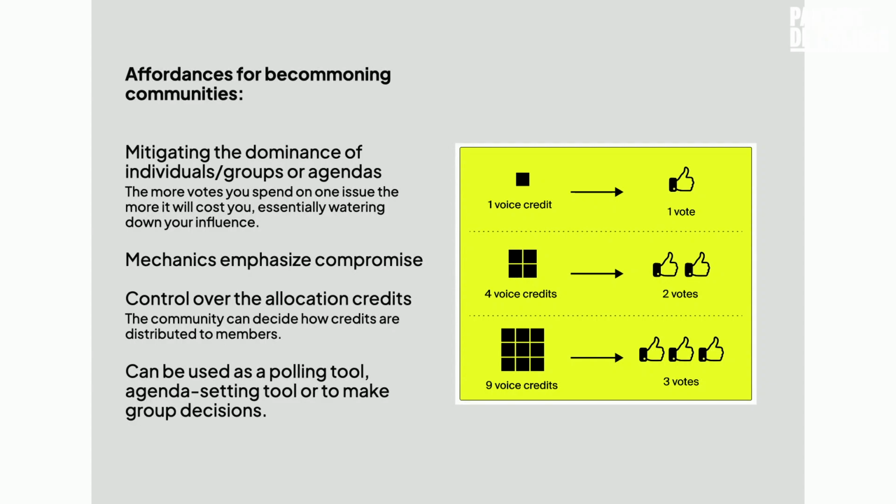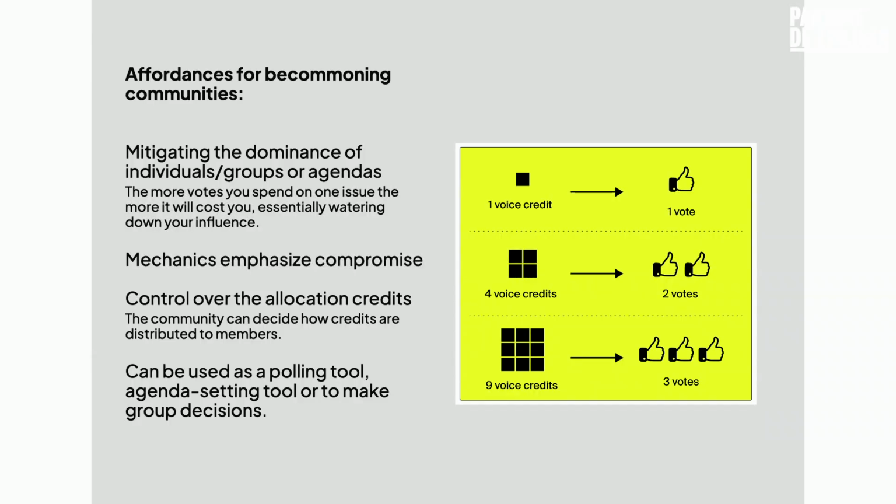That's built into the mechanics of the quadratic vote. Through the mechanics of the procedure, it emphasizes compromise. And then there's the allocation of credits, which is basically about who has what influence in regard to what issues.